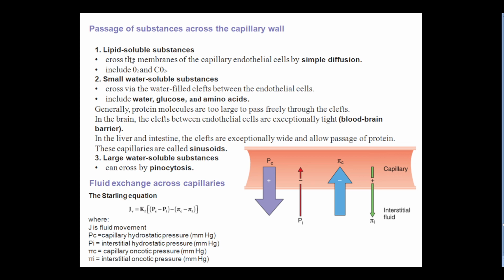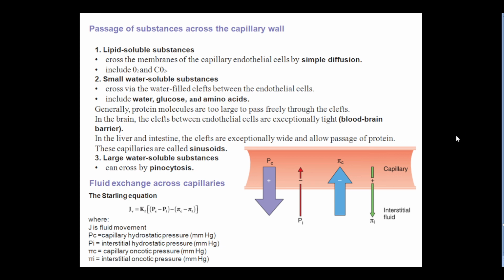Other small but water-soluble substances cross via the clefts, which are water-filled, between the endothelial cells. Examples include water, glucose, amino acids. And protein molecules, as you know, are quite large to pass freely, so they do not actually leave the bloodstream.